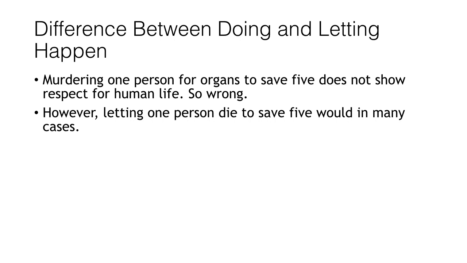Letting someone die for no good reason does not show respect for human life. But letting someone die to save others, that might show respect for human life, even though murdering someone to save others would not. Hopefully that basic idea makes sense to y'all, and hopefully it shows you how natural law theory will draw a distinction between actually doing something and letting something happen in a way that utilitarianism cannot.